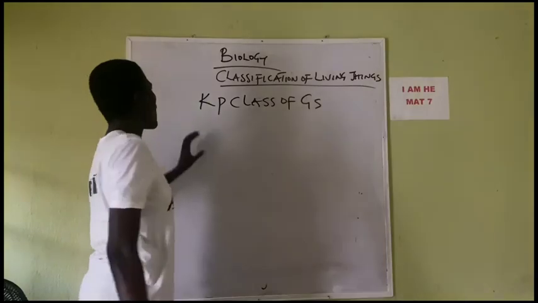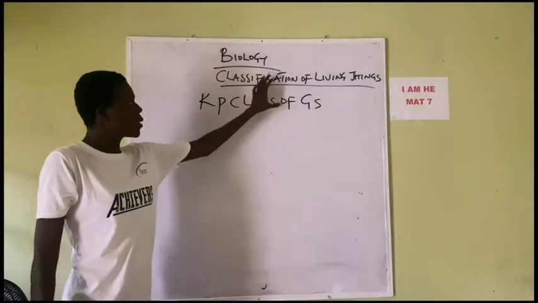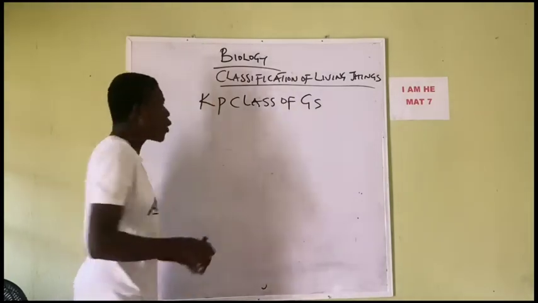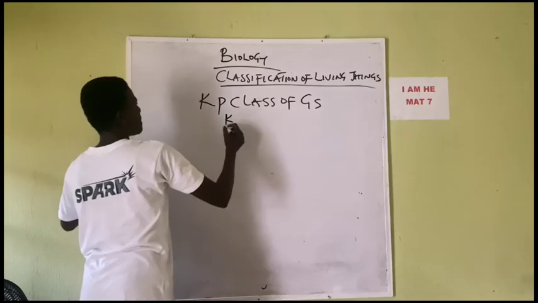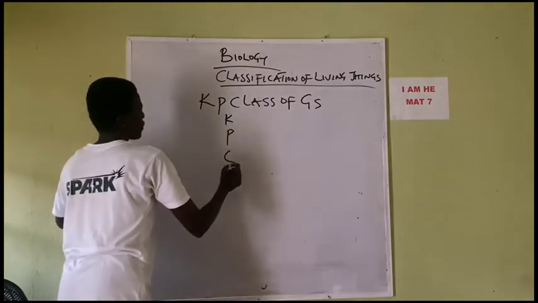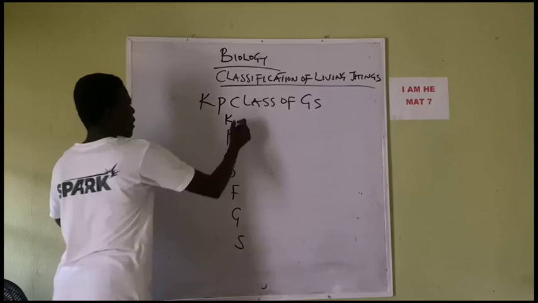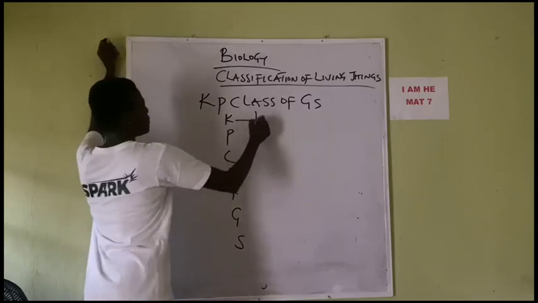I use this to remember the order in which living things are being classified. Do you understand? So K, P, C, O, F, G, S.